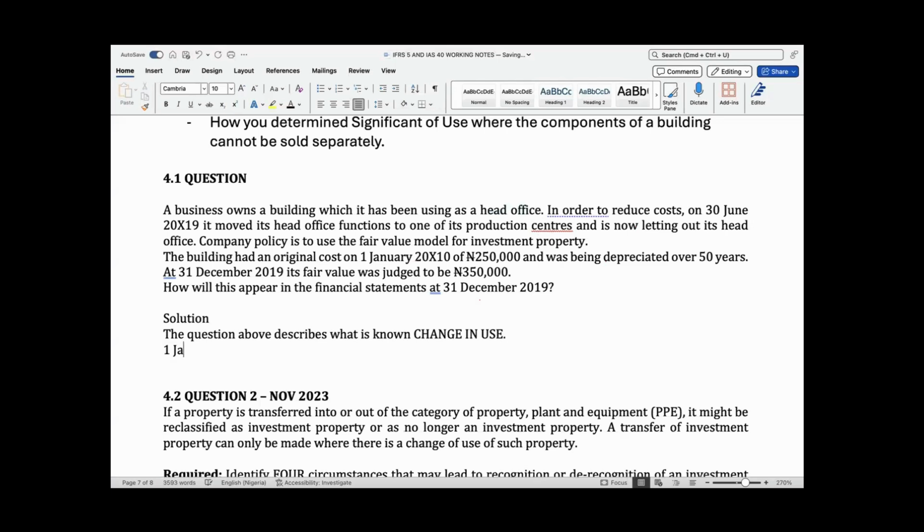PPE from 1st of January 2010 to 30th June 2019. That's like 9.5 years, maybe? If you count it, that should be 9.5 years. 10, 11, 12, 13, 14, 15, 16, 17, 18. I can't count 19 because now 19 is up to June.